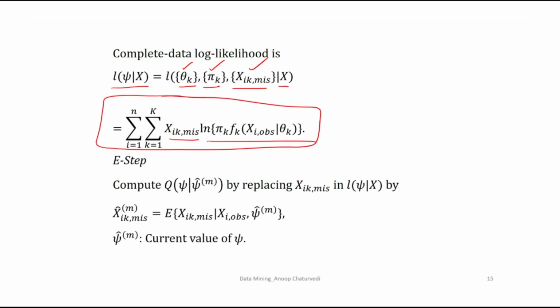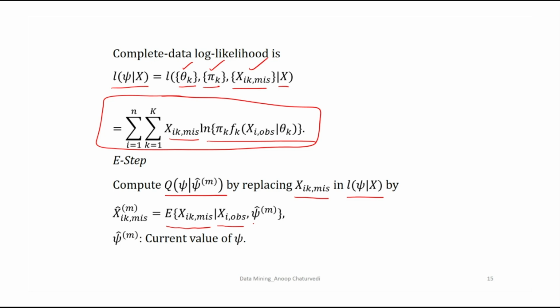Now, we come to the E step. In each step, we compute Q(psi given psi hat m) by replacing x_ik missing in L(psi given x) by, say, x hat_ik missing(psi hat), which is equal to expectation of x_ik missing given x_i observed and psi hat m.